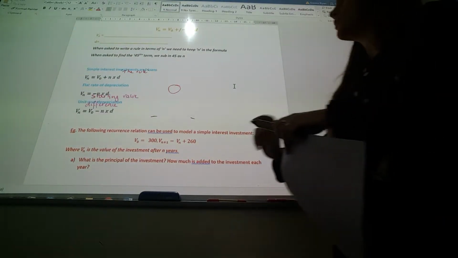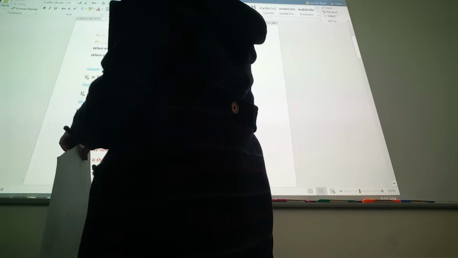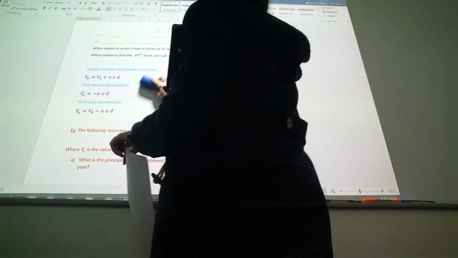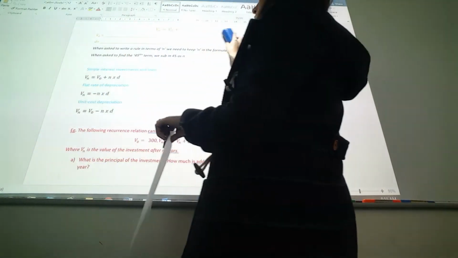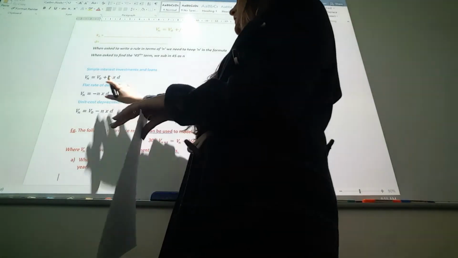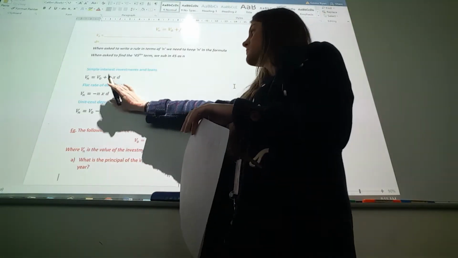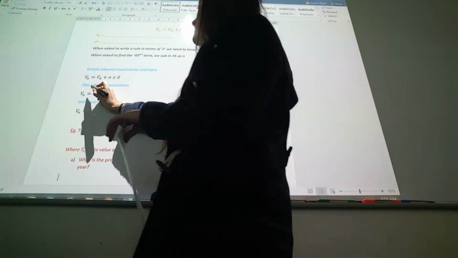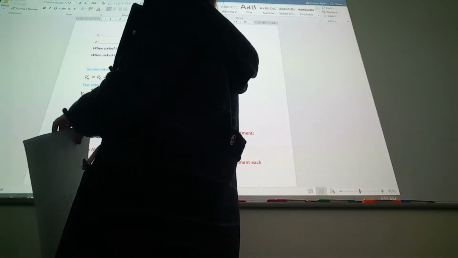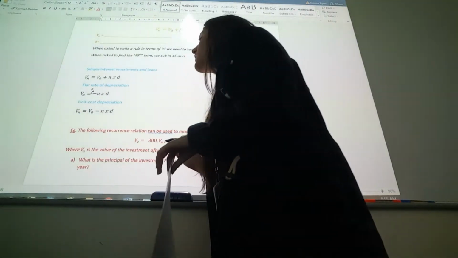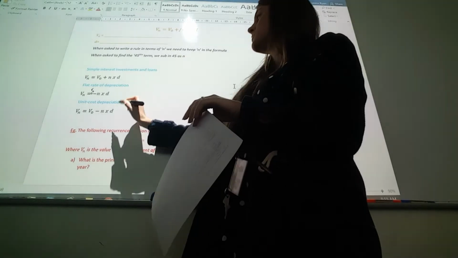So, a couple of rules here. For simple interest, investments and loans, this is the formula we're going to use. Flat rate depreciation, that's going to have a V0 in front of it. And unit cost depreciation.